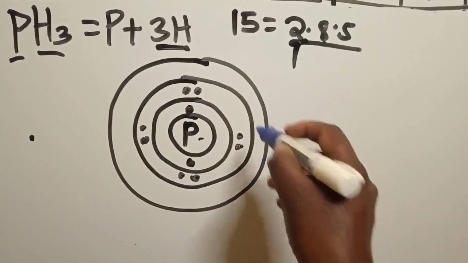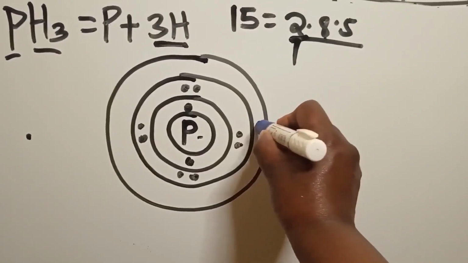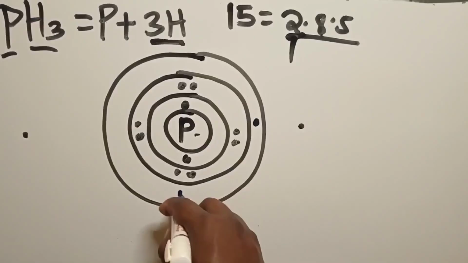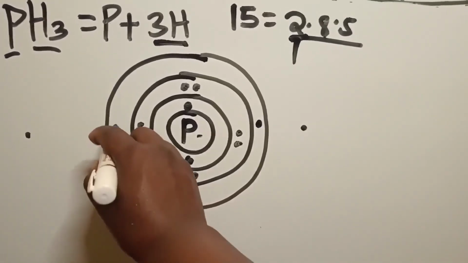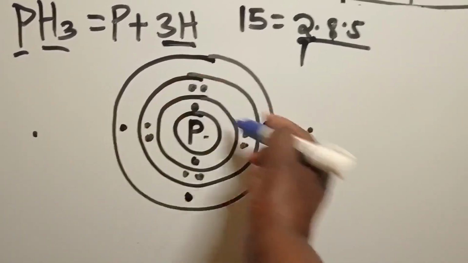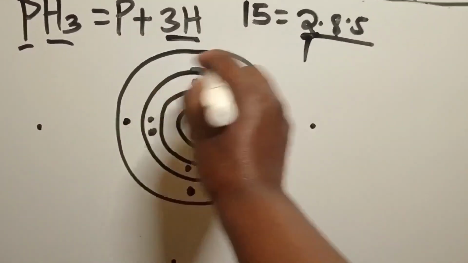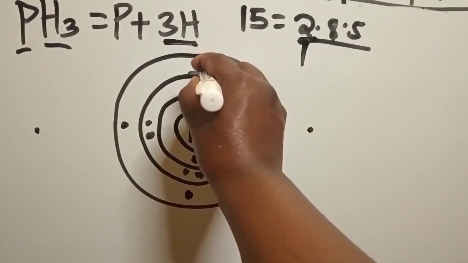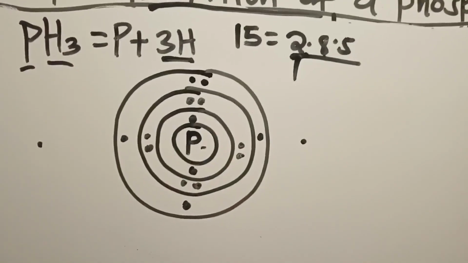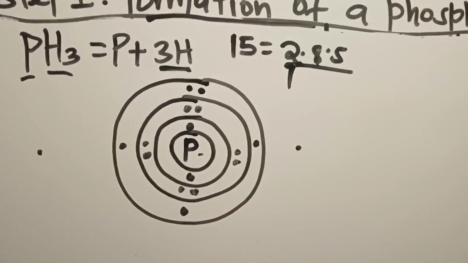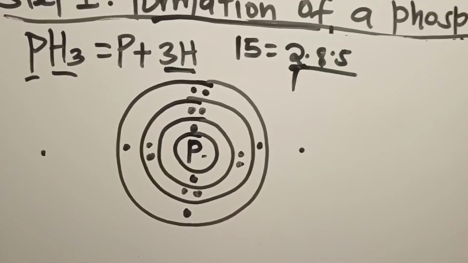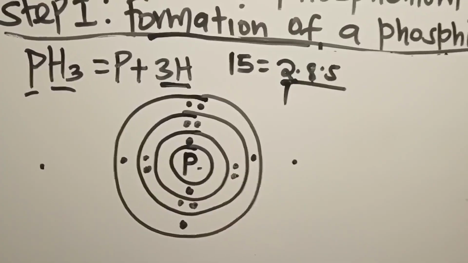To those points, you indicate 1 electron there, another electron there, another electron there, and because they should be 5, you then indicate 2 more at the top. So the arrangement is guided by where you think you'll be drawing the hydrogen atoms.